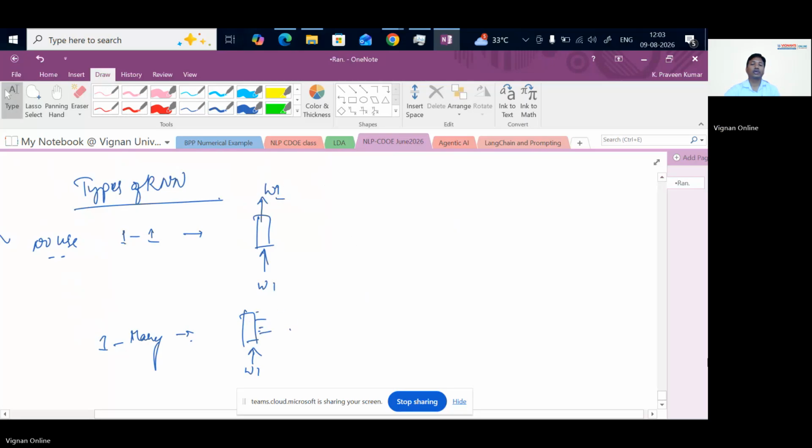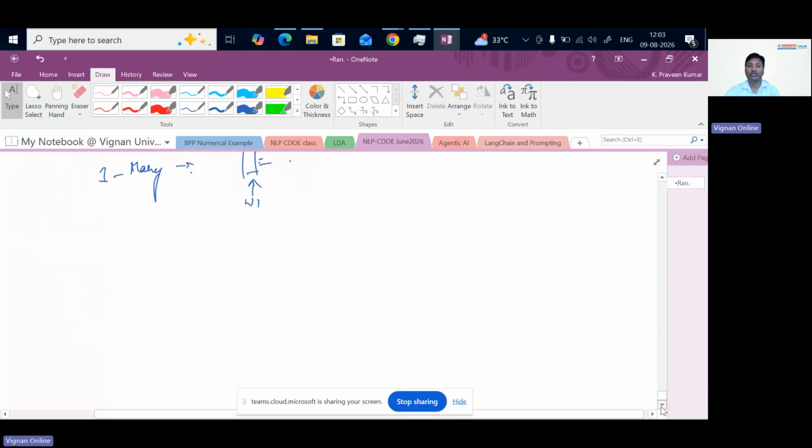This is what is happening in text generation. Text generation is a big task. Similarly, many to one.